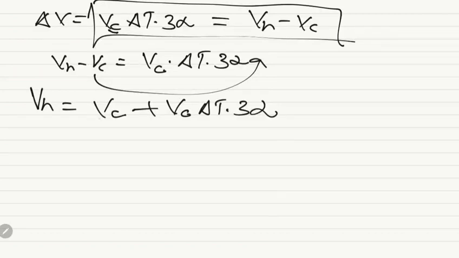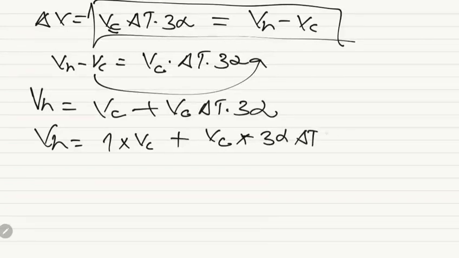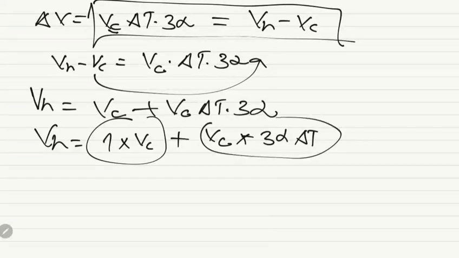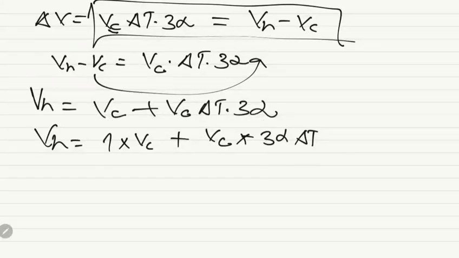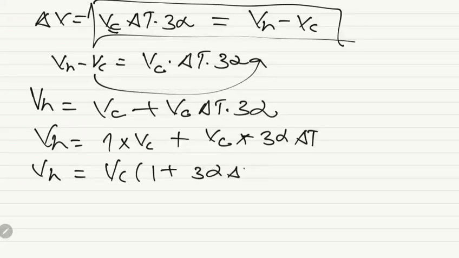This is the same as 1 times the volume at the colder plus the volume at the colder times 3 times alpha times the change in temperature. These two terms have something common: the volume at the colder. So the volume at the hotter temperature is the volume at the colder temperature times 1 plus 3 times alpha times the change in temperature.